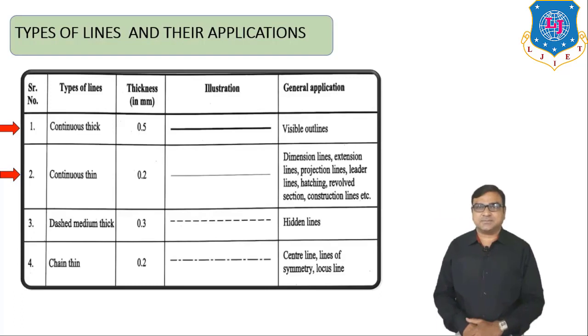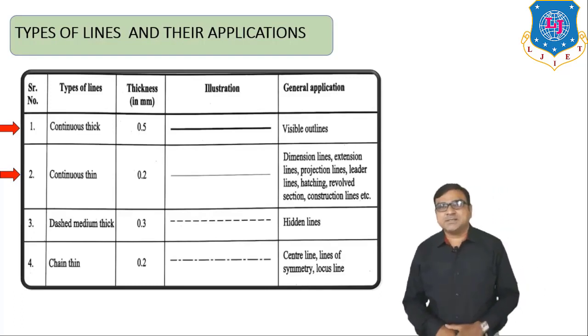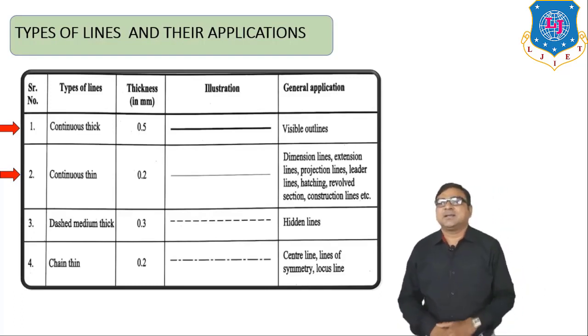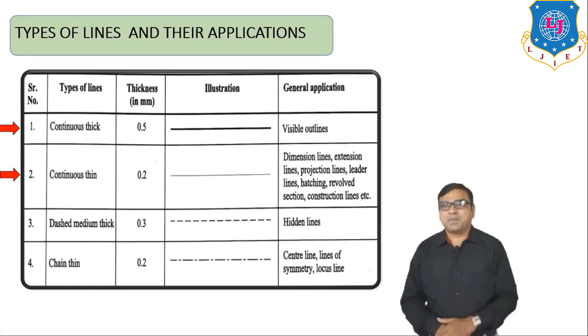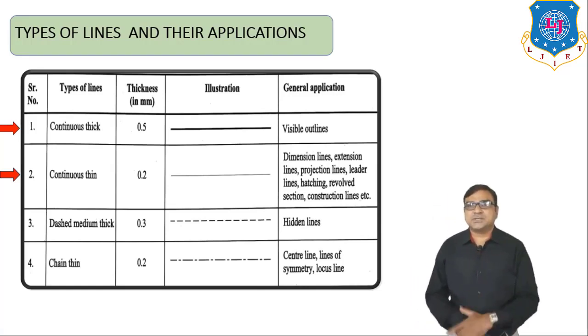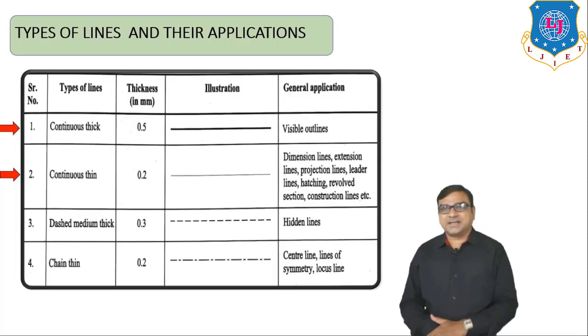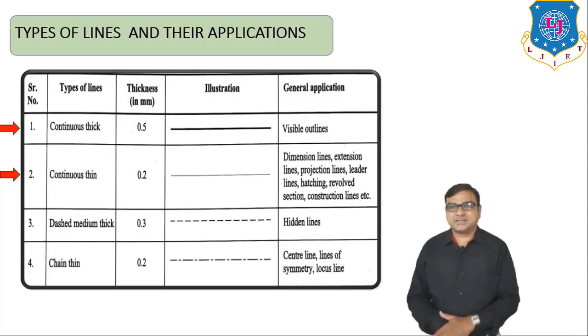Now continuous thin, 0.2 mm thickness, is thinner than continuous thick. It is used in dimension lines, extension lines, projection lines, ladder lines, hatching lines, revolve section, construction line, etc.